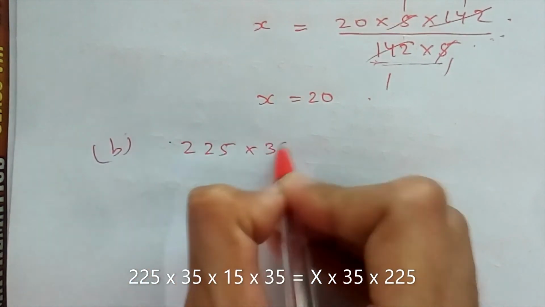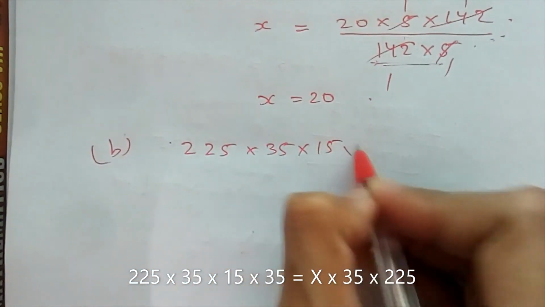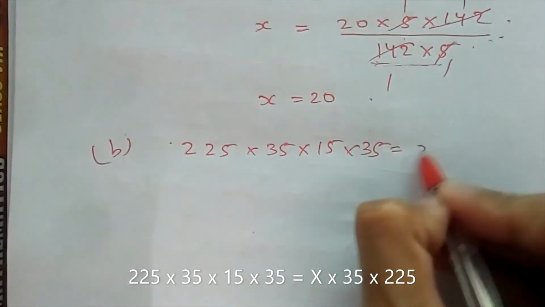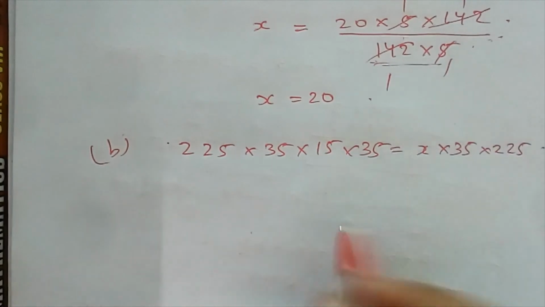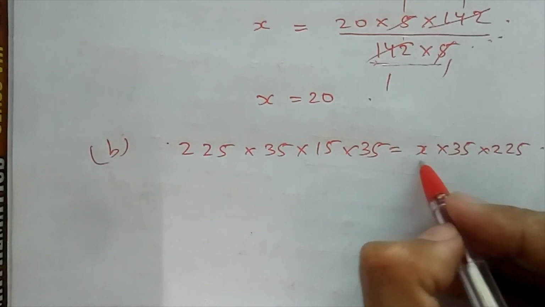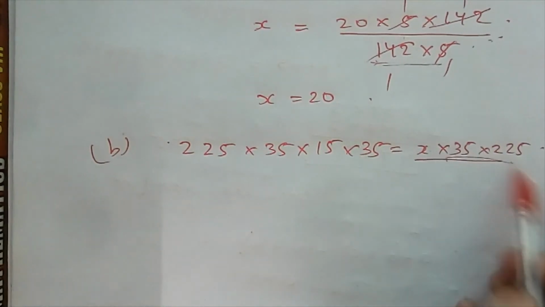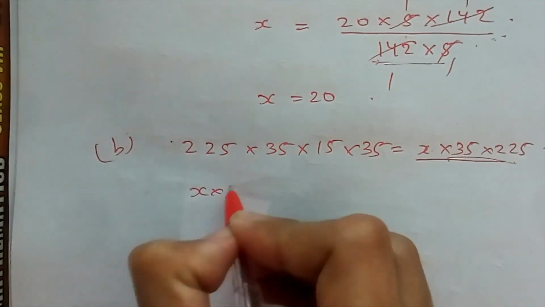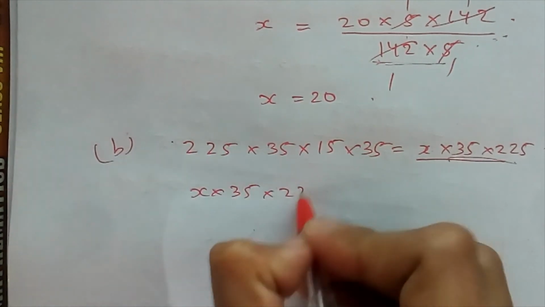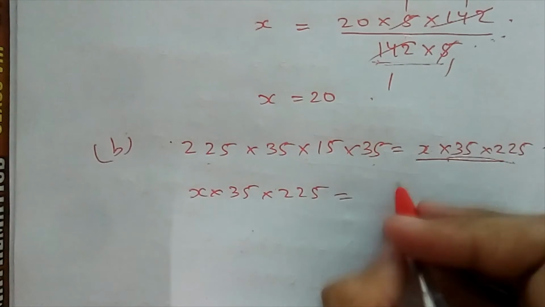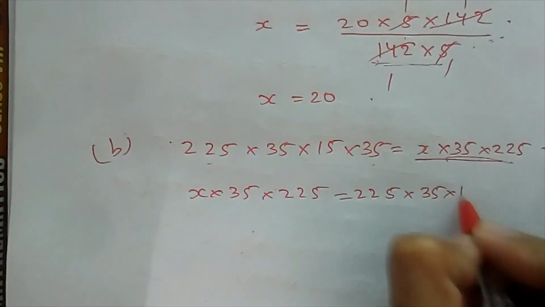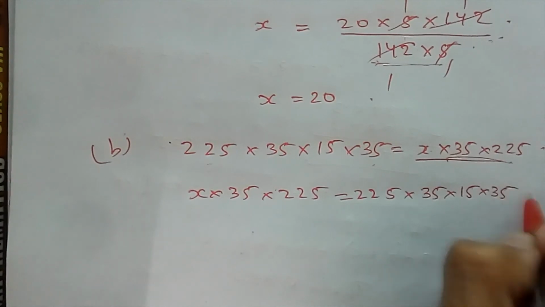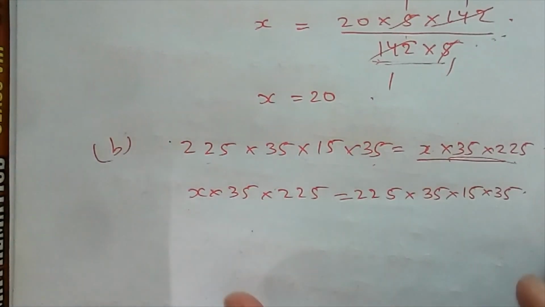Now quickly moving to the second part of this question: 225 into 35 into 15 into 35 is equal to x into 35 into 225. For solving this, first we will write the x term on the left hand side, and transfer these terms to the right hand side. Now again we have a similar situation.